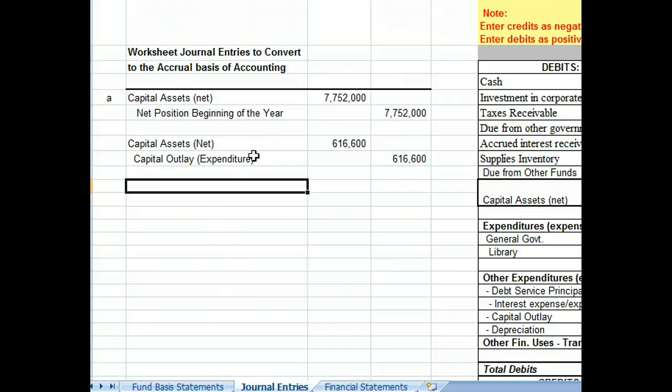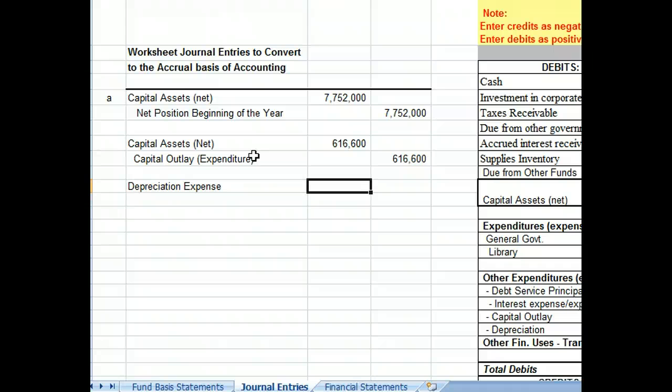Okay, the third thing we've got to do is we've got to record the depreciation expense. When we were booking the capital expenditures in the governmental funds, the emphasis was on a current period focus. So what we're trying to do now is, because we're actually booking them in the government-wide financial statements, where they're on the accrual basis, we're trying to go ahead and recognize our periodic depreciation expense just like you would for a normal business.